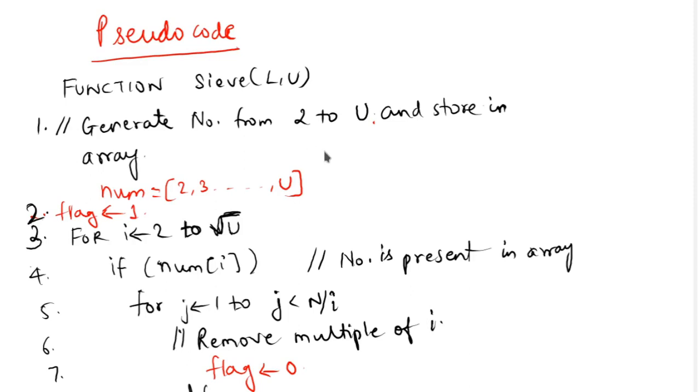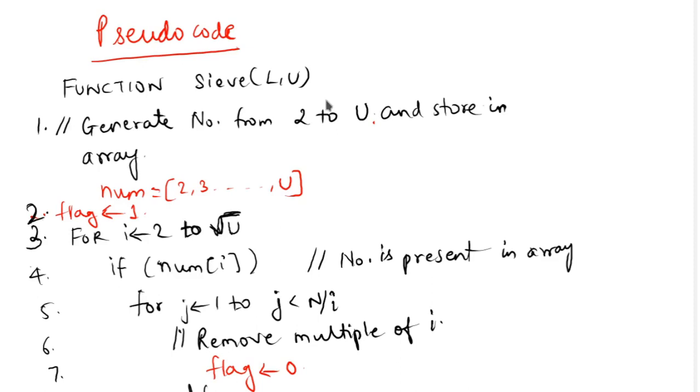If that number has multiples, then for each of those elements we set the flag value to 0, and in that way multiples of i are removed. This will be executed for n by i, because each element will be checked from the ith element to U.